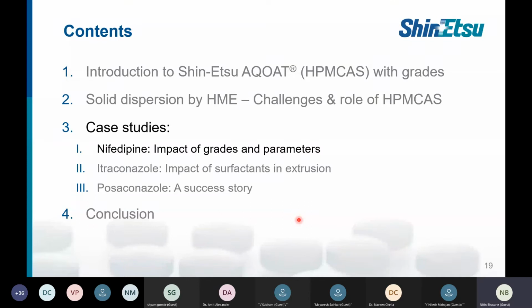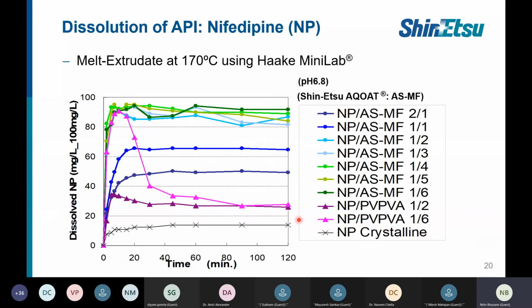So that was all about some challenges and the role of HPMCAS in solid dispersion. Now we start with the case study. First will be our favorite drug molecule, nifedipine, and the impact of grades and parameters we will be discussing in that case study.